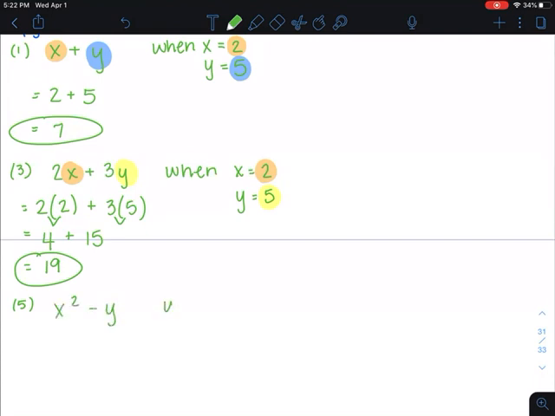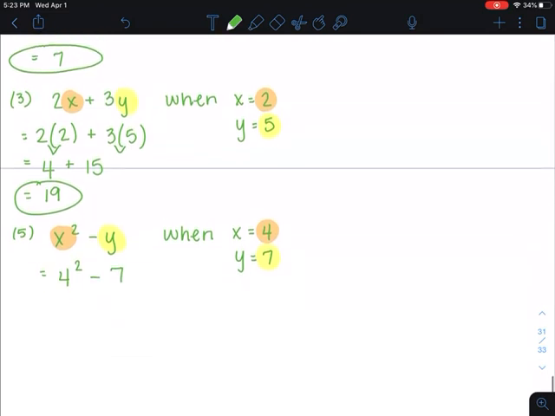Let's look at number 5. I have x squared minus y. Take a look at the directions because it has changed for this problem. It is when x is equal to 4 and when y is equal to 7. So again, when I see y, I'm going to plug in 7, and when I see x, I'm going to plug in 4.